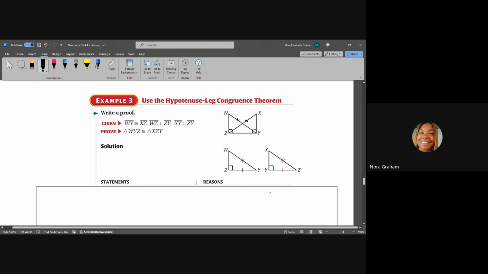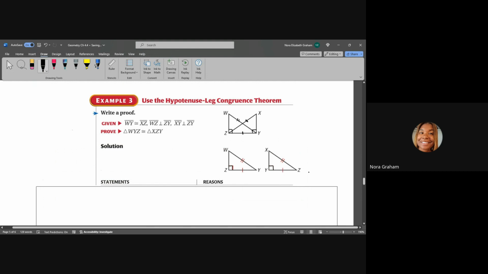Since a triangle has one right angle, they are going to be right triangles, right? They gave us that WY and XZ are congruent. That's fine. Now for this one down here, they're split apart, but when they were together, ZY and YZ are right on top of each other.